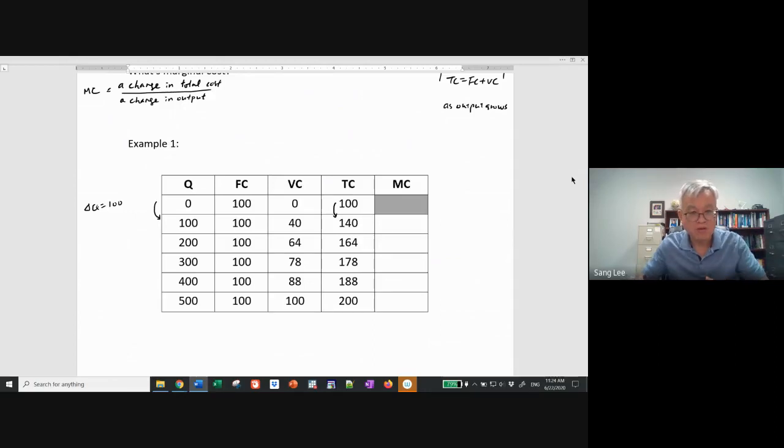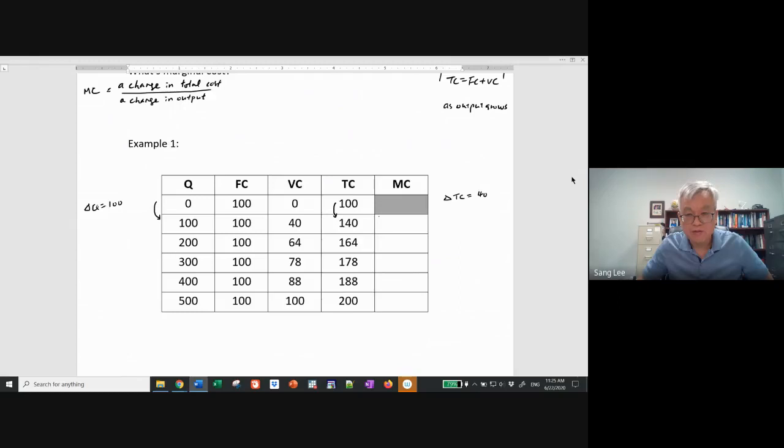Okay, so when you do that, what's the change in total cost? Here, change in total cost is 40. Okay, so now go back to the definition: a change in total cost divided by change in output.